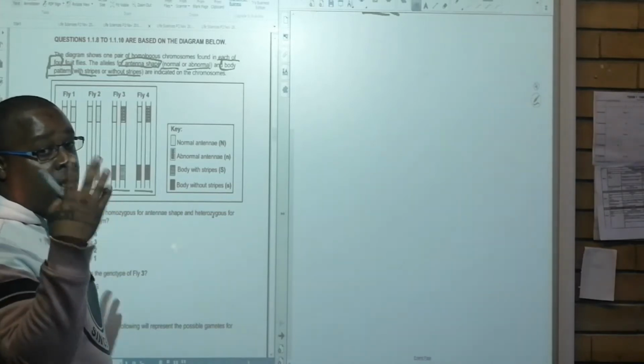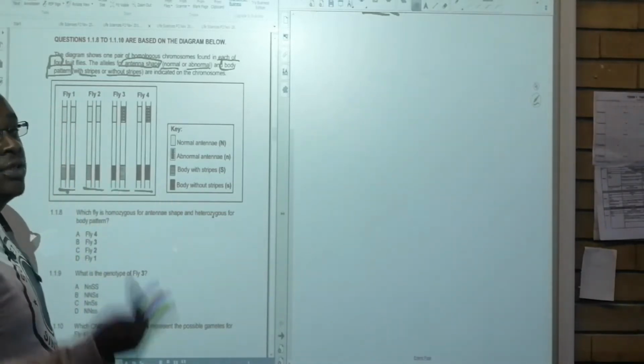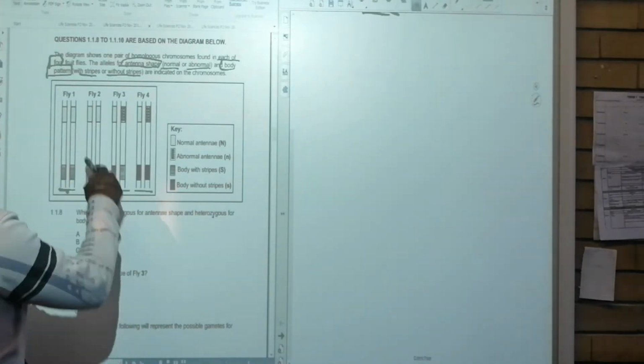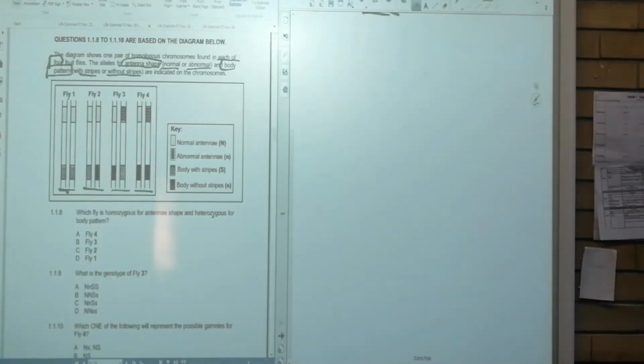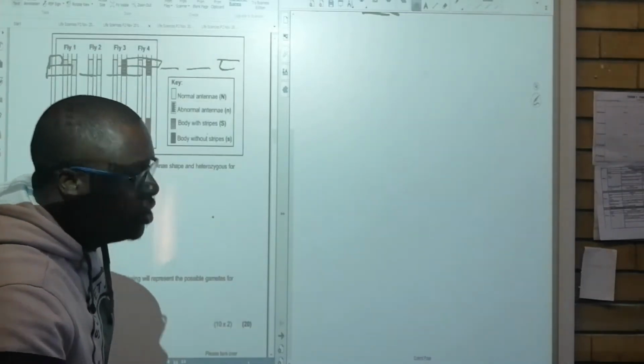How many alleles? 4 alleles. Because each characteristic has 2 alleles. And how many fruit flies? 4 of them. 1, 2, 3, 4. Right. Here's your key. Let's zoom it up. Let's scroll down a bit. Let's go to the questions.